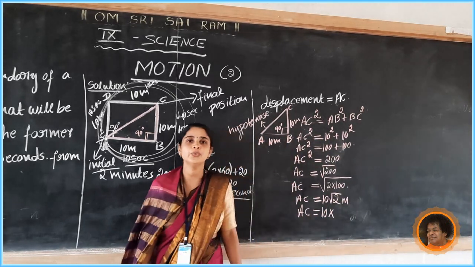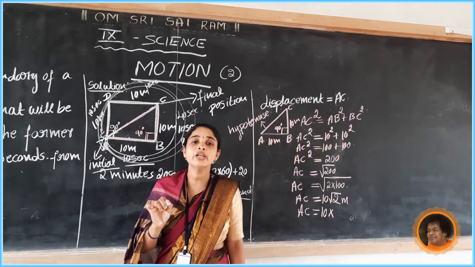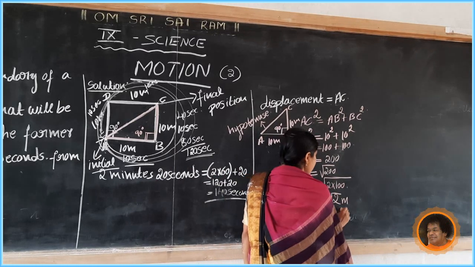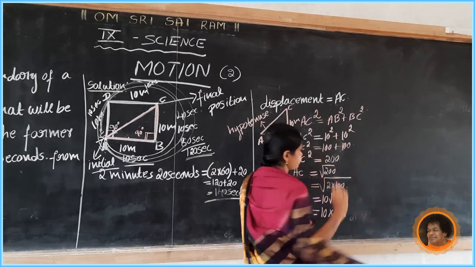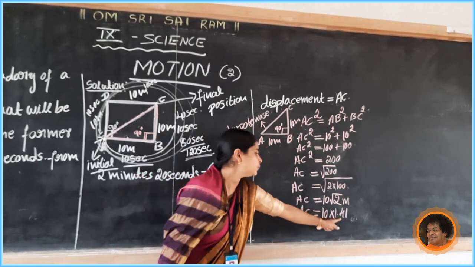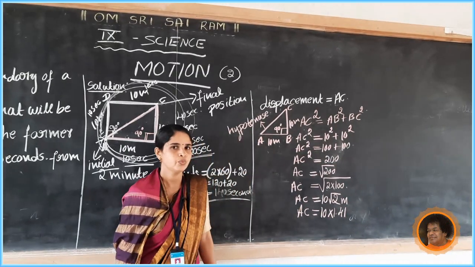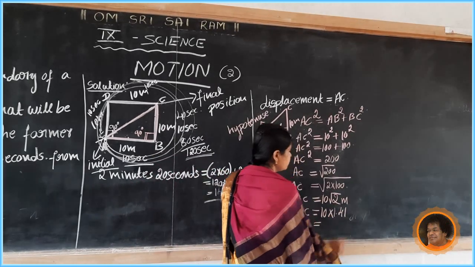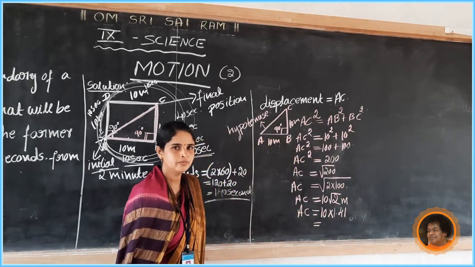Square root of 2 is an irrational number, and its value is 1.41. It continues because it is irrational, here take only 2 digits. Okay, 1.41. In the next step, 10 into 1.41.